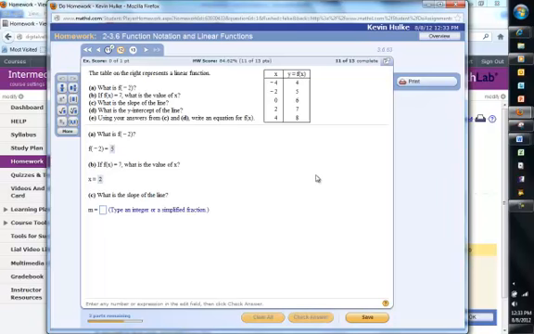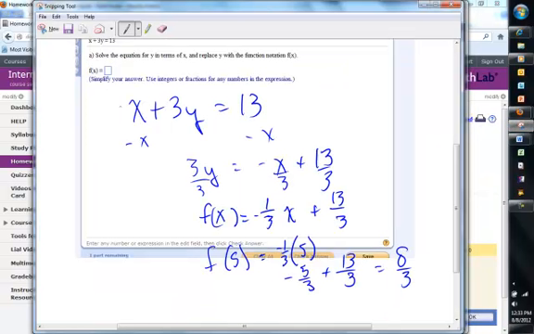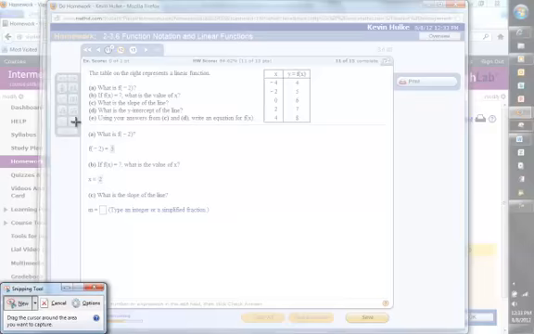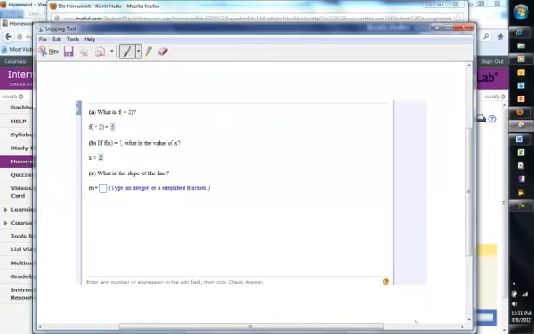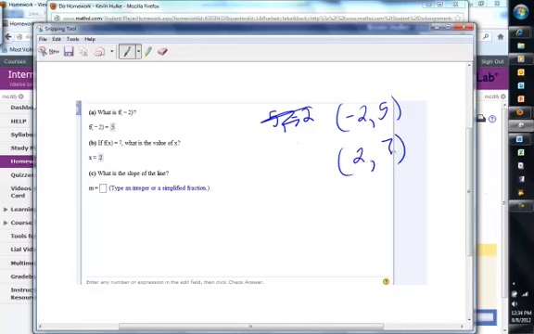What's the slope of the line? Well, I think the easiest way to get the slope here would be to take the 2 points that we have: -2, comma, 5, and 2, comma, 7.